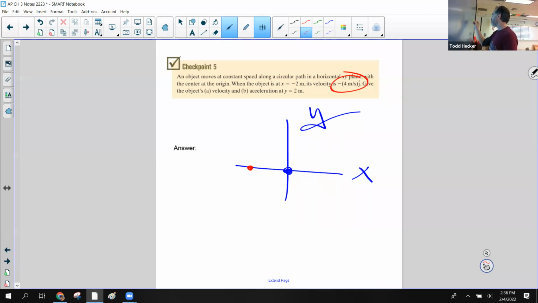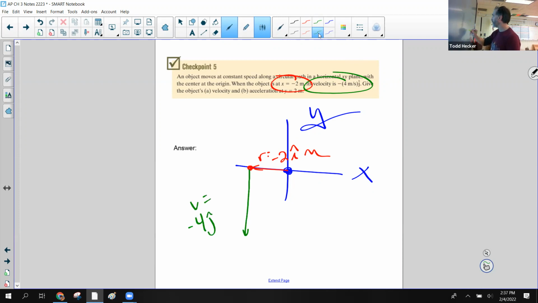So our radius there is -2i meters, right? So that's this when it's at X equals -2. And then it tells us that, at that instant, the velocity is -4j meters per second.